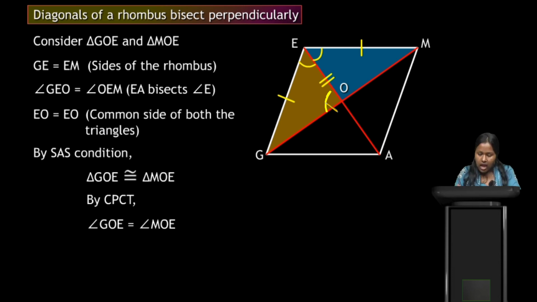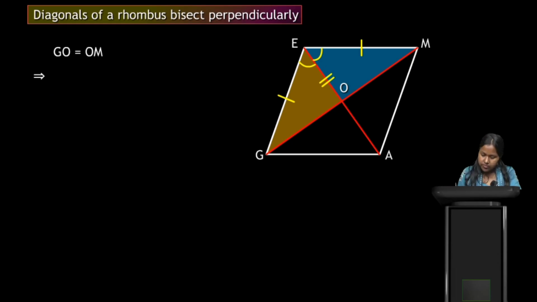GOE is this one and MOE is this one. Both are equal. Also by CPCT only we can tell GO is equal to OM. That means O is the midpoint of line segment GM. That means EO bisects GM.